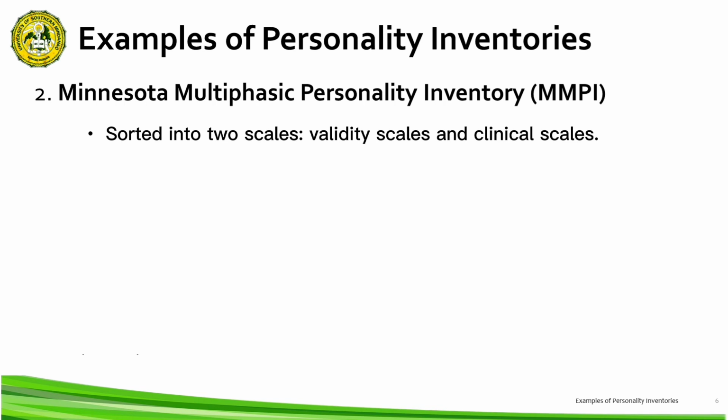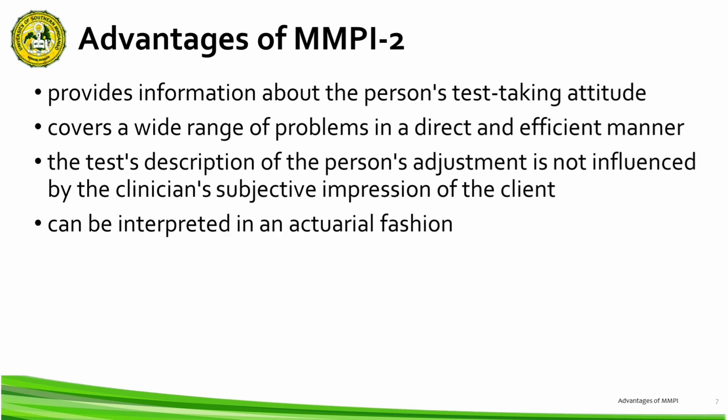So, with the MMPI-2, the most widely used personality inventory, what are the benefits or the advantages of it compared to interviews and observational procedures? So, some benefits of the MMPI-2 is that first, it provides information about the person's test-taking attitude, if the clients are careless, defensive, or exaggerating their problems, because some individuals have this habit of exaggerating their problems or whatnot.